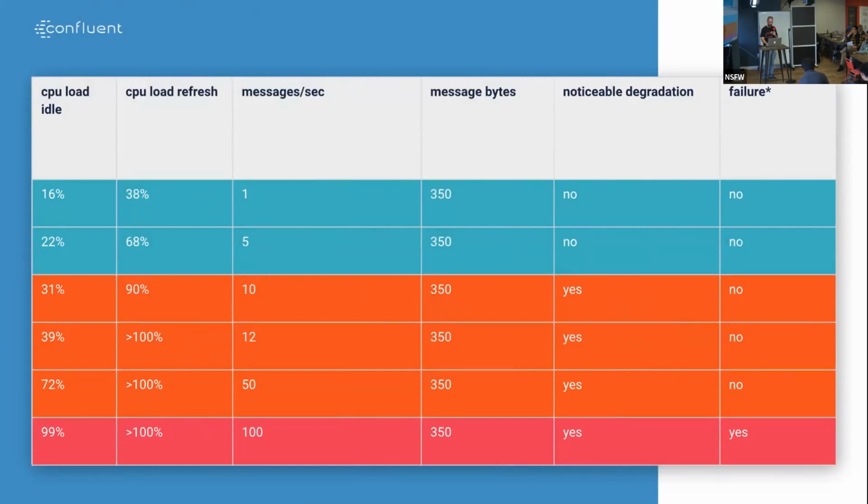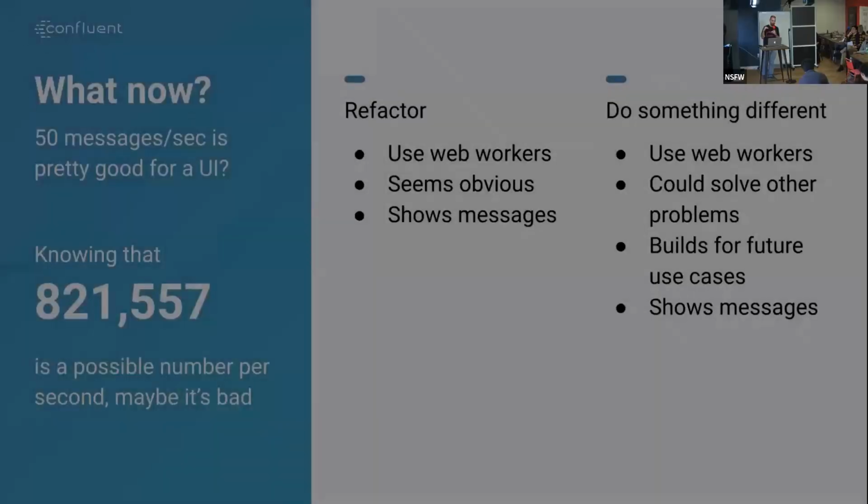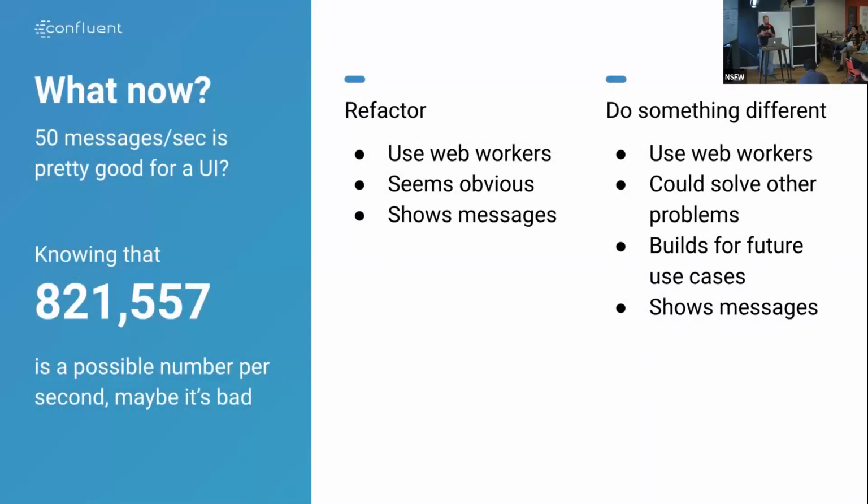When we are looking at our upper bounds, so we're looking at 50 messages per second, which is effectively more than the human eye can see anyway. So that's good, right? No, not really. Because when we look at just the base case of no replication, 1 thread, we're looking at 800,000 of these things.